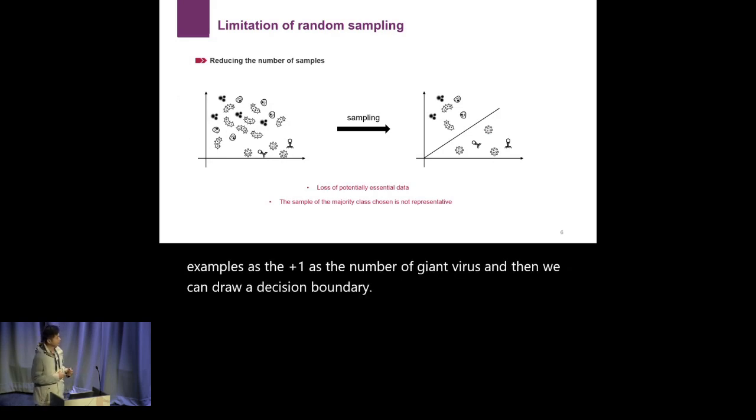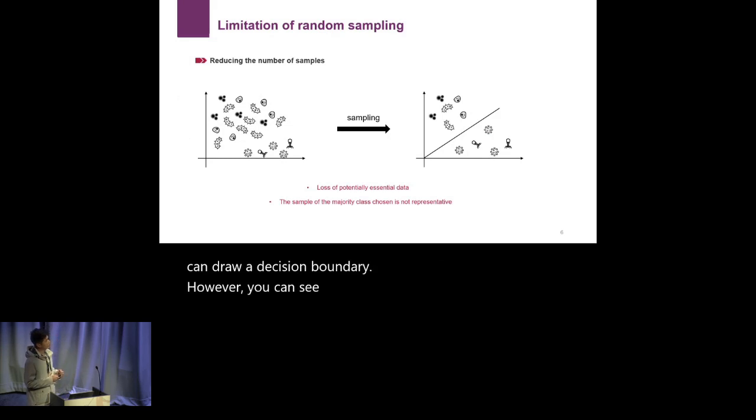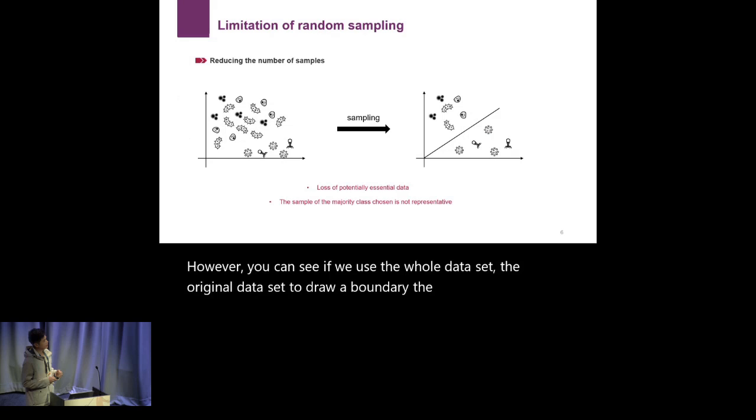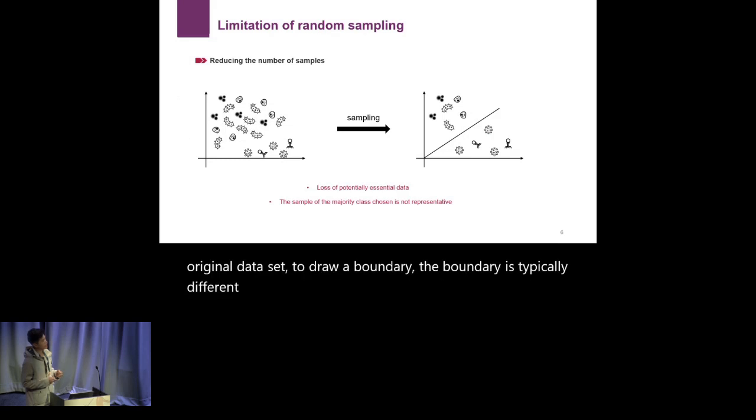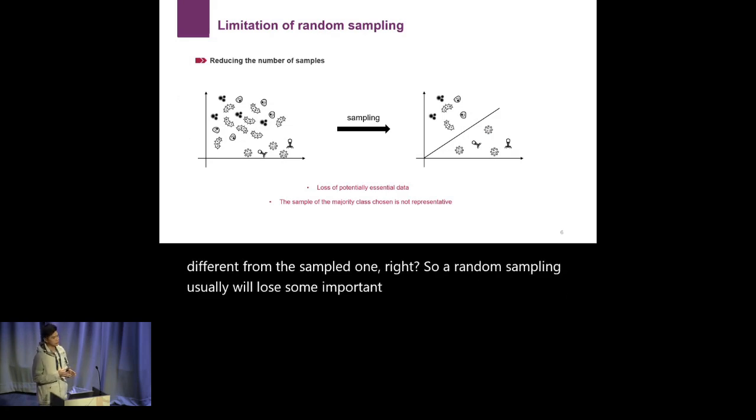However, you can see if we use the whole original data set to draw a boundary, the boundary is typically different from the sampled one, right? So random sampling usually will lose some important features to generate a more precise decision boundary.